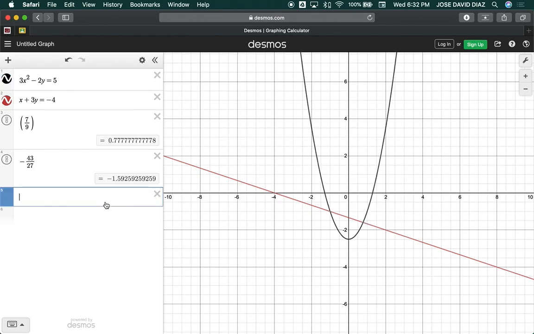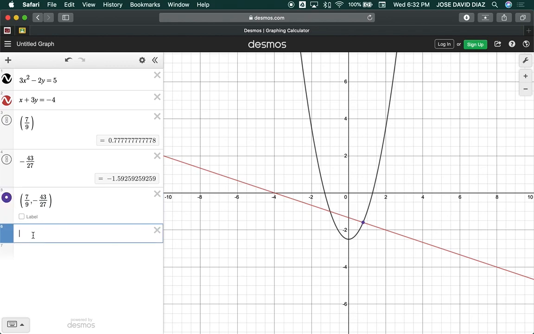Another way is just to take x and y, plug in the point. And that means that that is the correct solution. And you can do the same thing with the second point, which is negative 1, negative 1.